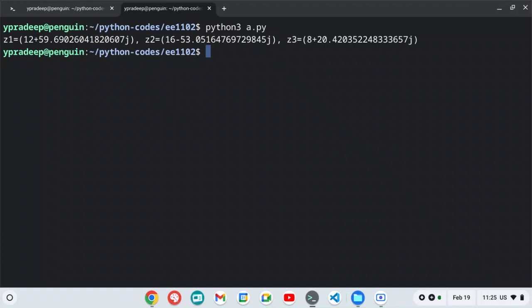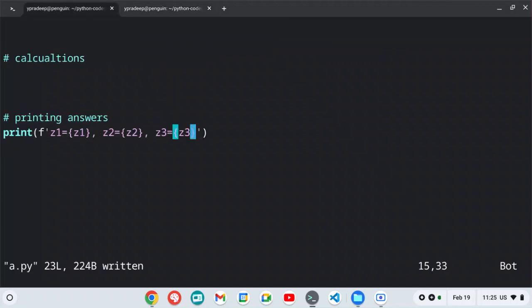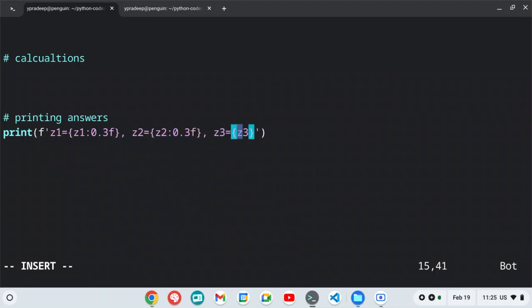If I want to control the number of decimal places, I can do that by formatting this. So I go for 0.3f. So it will print 3 decimals. 0.3f, 0.3f.